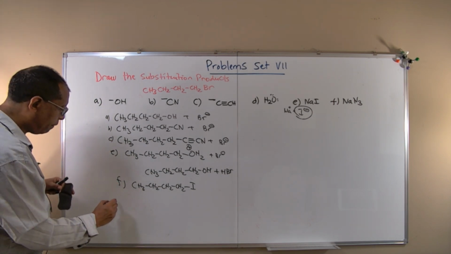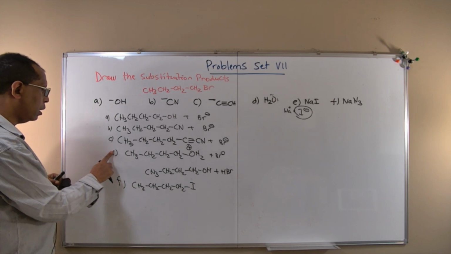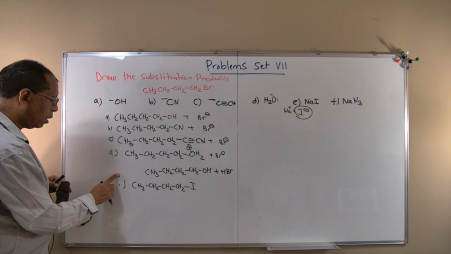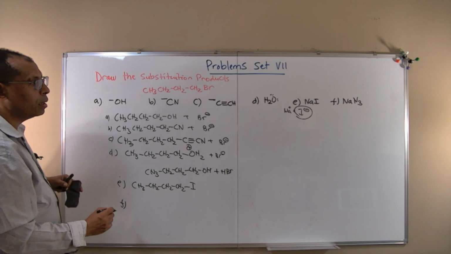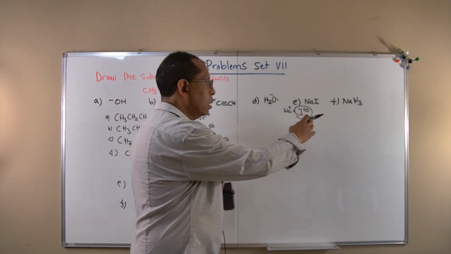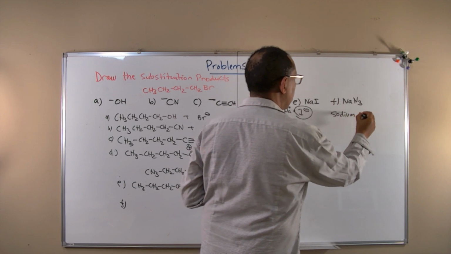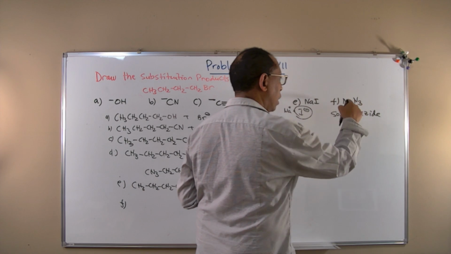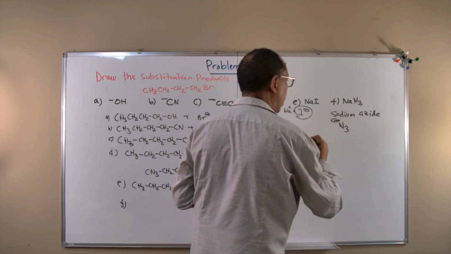And F, A, B, C, oh, this is D actually. And this is E. And F is sodium azide. This is called sodium azide. Azides are also good nucleophiles. Azide is N3, so it's N3 minus that is the nucleophile.